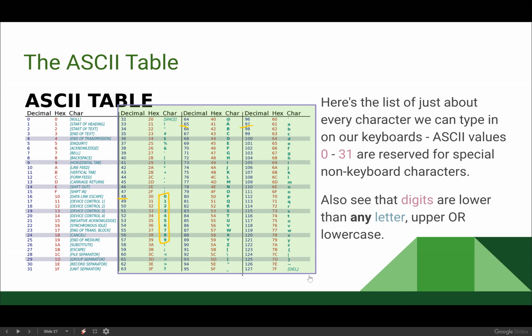So that is just another thing to remember when we're comparing strings. Numbers are the smallest, then uppercase, and then lowercase letters. Any uppercase letter will be smaller than any lowercase letter. So capital Z is smaller than lowercase a.